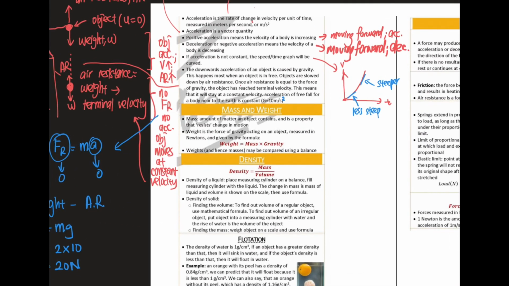The second point is a property that resists change in motion. So how it works, let's say one example. Resist change in motion. There are 2 ideas.